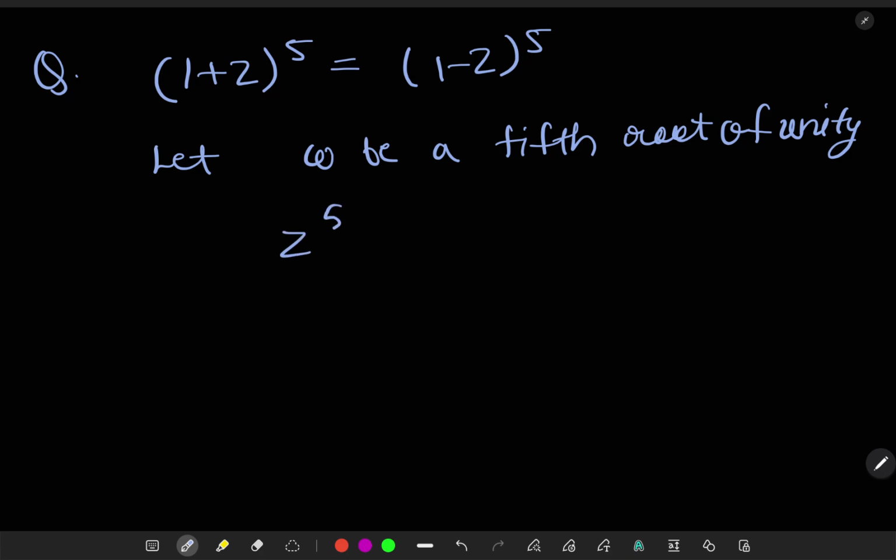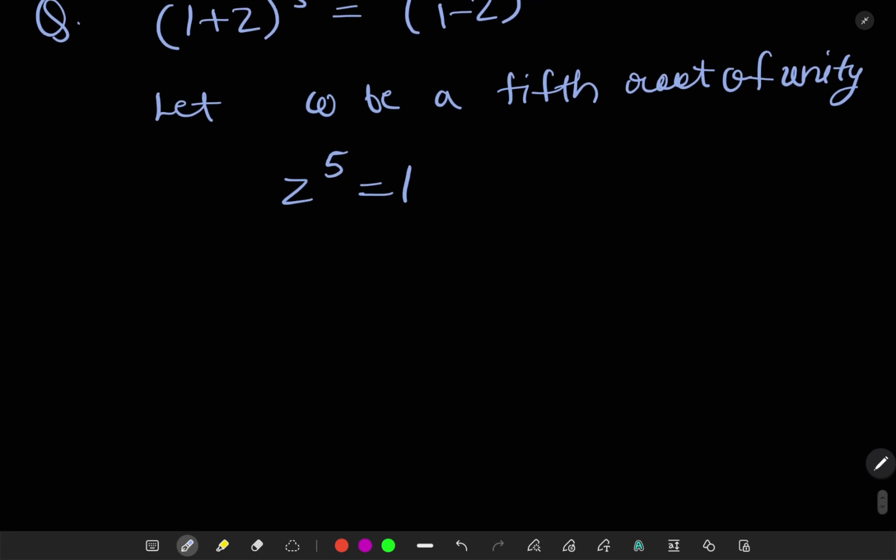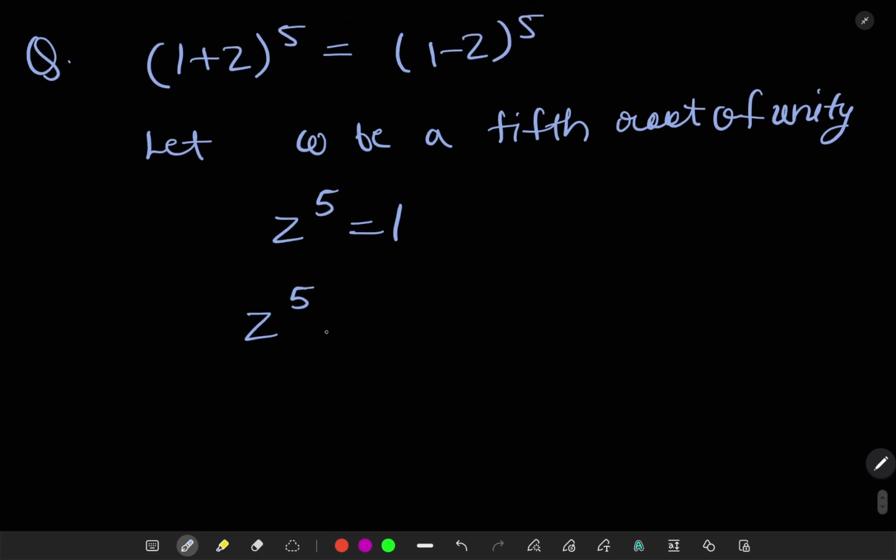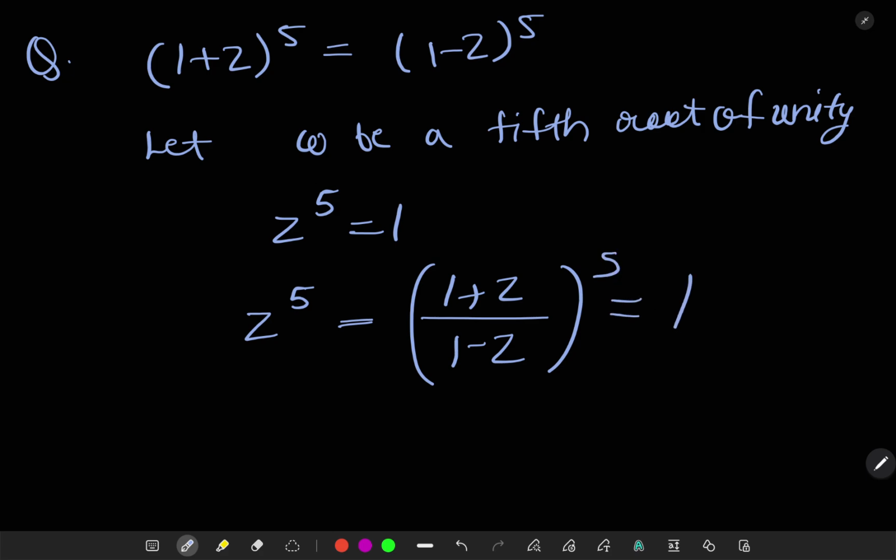So z raised to power 5 equals to 1. So we can write here z raised to power 5 is equals to 1 plus z divided by 1 minus z whole power 5 equals to 1.